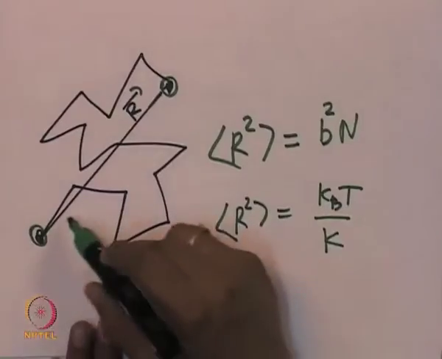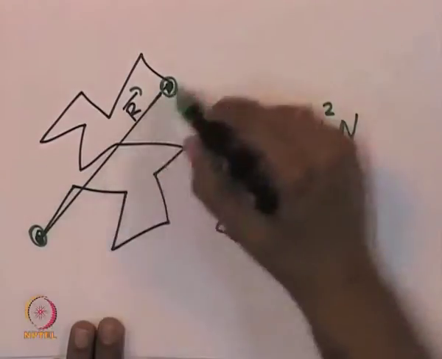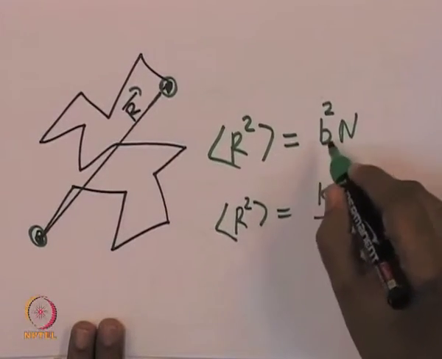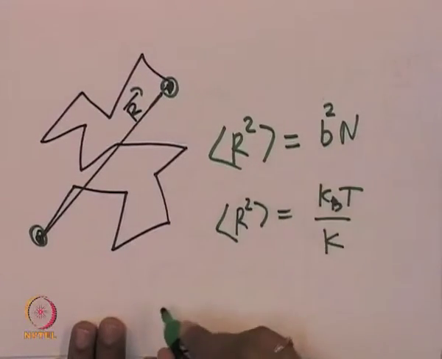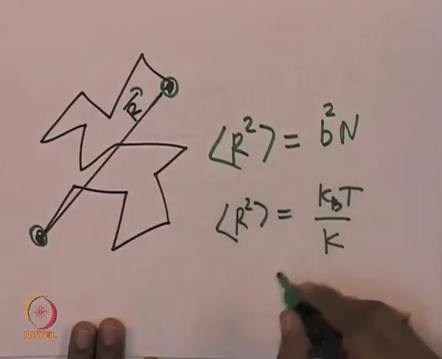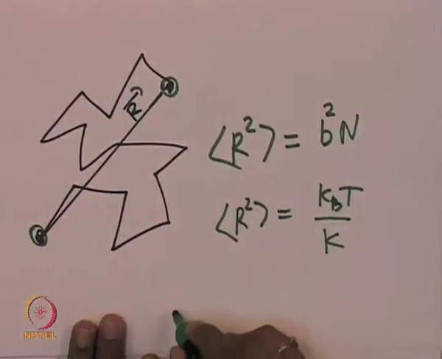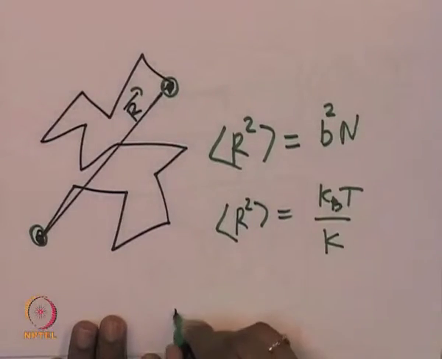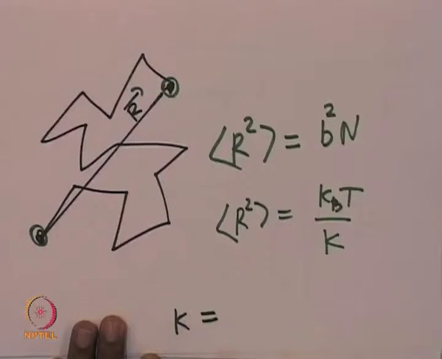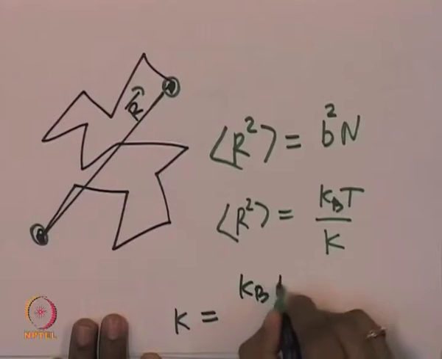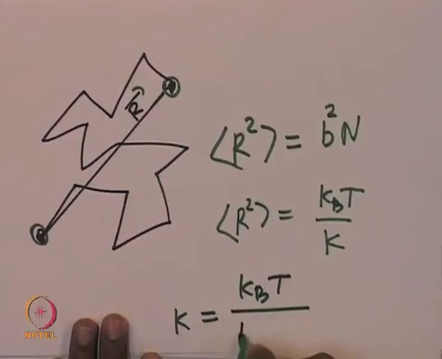If you think of fluctuation only in one direction, there will be only 1/3 of this in each direction. Taking that factor into account, you will get that K is nothing but k B T by b square n.